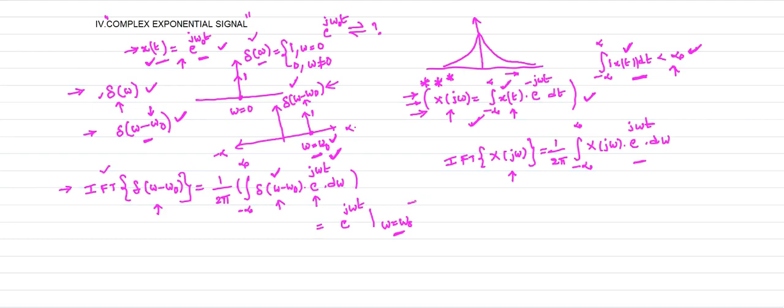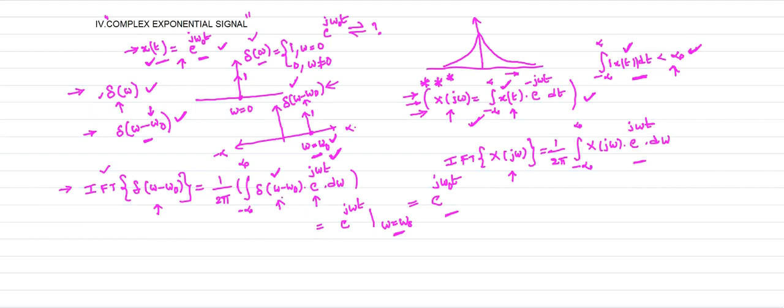Now what is the result? So e power j omega naught t. You need to evaluate this function at omega equal to omega naught, because you are multiplying your function with the unit impulse function. The unit impulse function is defined only at omega equal to omega naught.